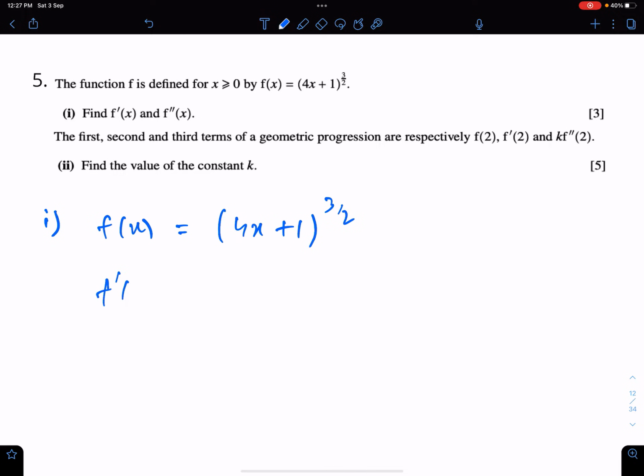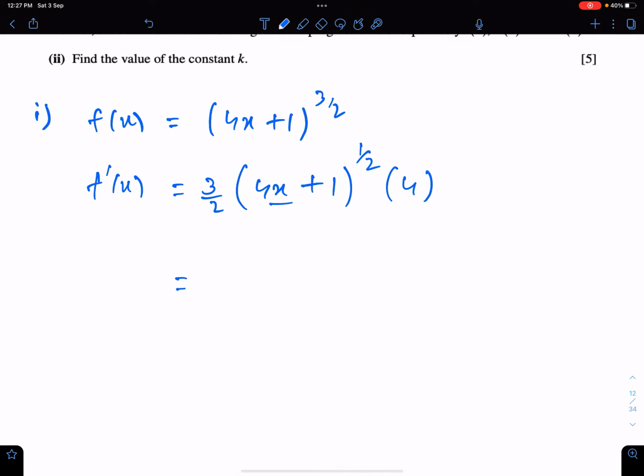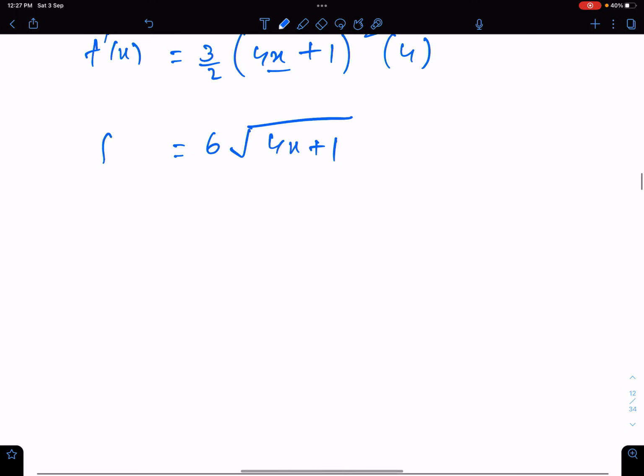When you differentiate this, you get 3 upon 2 coefficient, (4x plus 1), subtract 1 from the power, so half, and the differential of this bracket is 4. Hence the simplified form of this would be 6 times under root. This is f prime x.